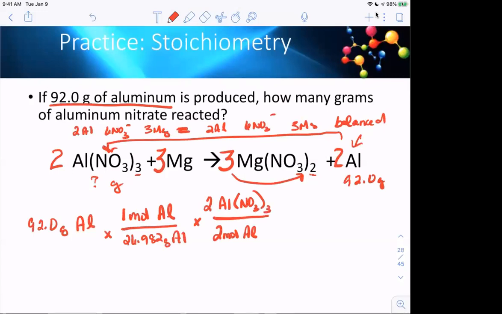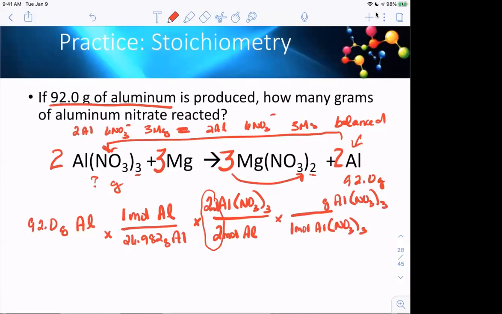I'm not going to reduce this when I set up my work. I know that 2 over 2 is 1, but I never reduce my coefficients. I'm just going to take that into account at the end. And then I'm going to need to go to grams. So for every 1 mole of AlNO3, I need to calculate the grams of AlNO3.